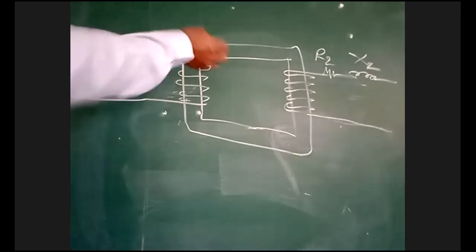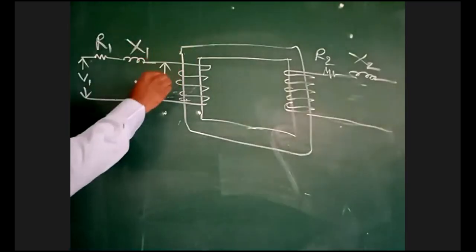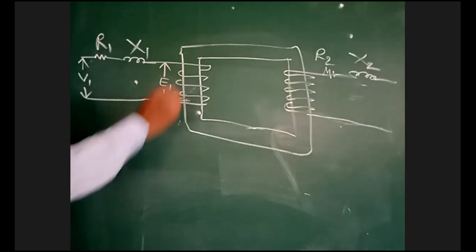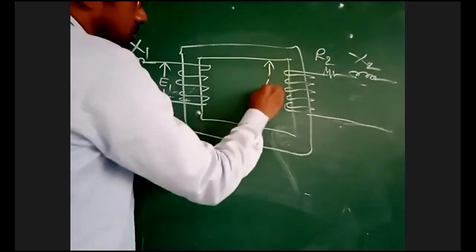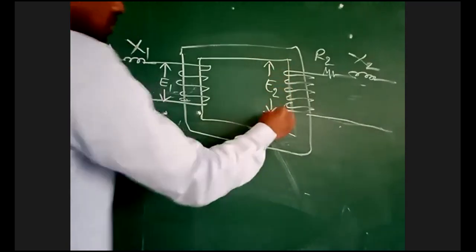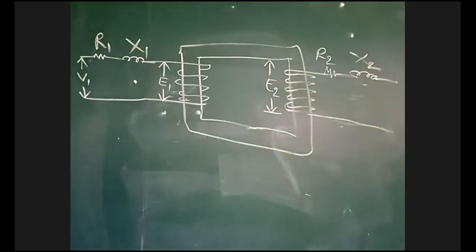Now here, E1 is the induced voltage in the primary winding. E2 is the induced voltage in the secondary winding.